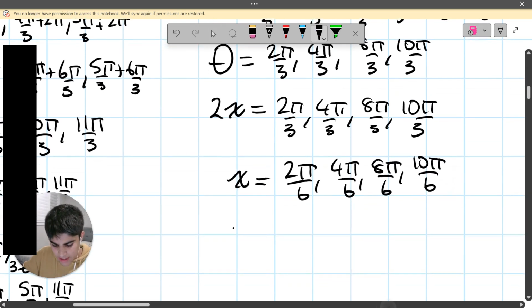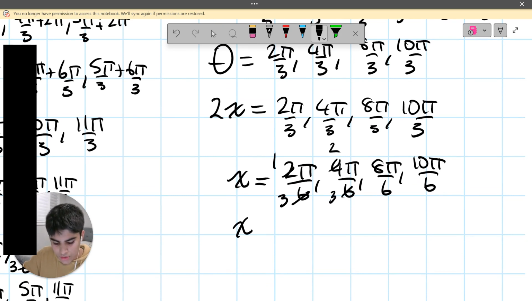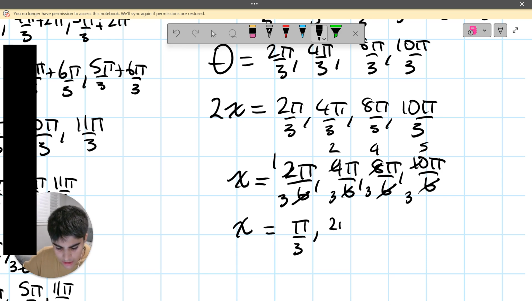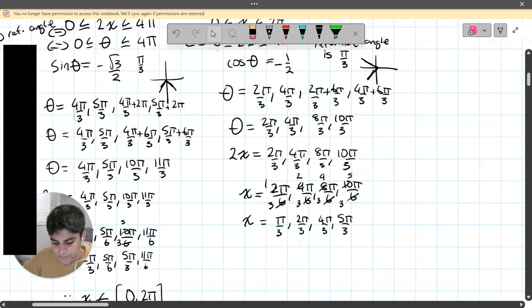Let's simplify this answer now. X equals pi on 3, 2 pi on 3, 4 pi on 3, 5 pi on 3.